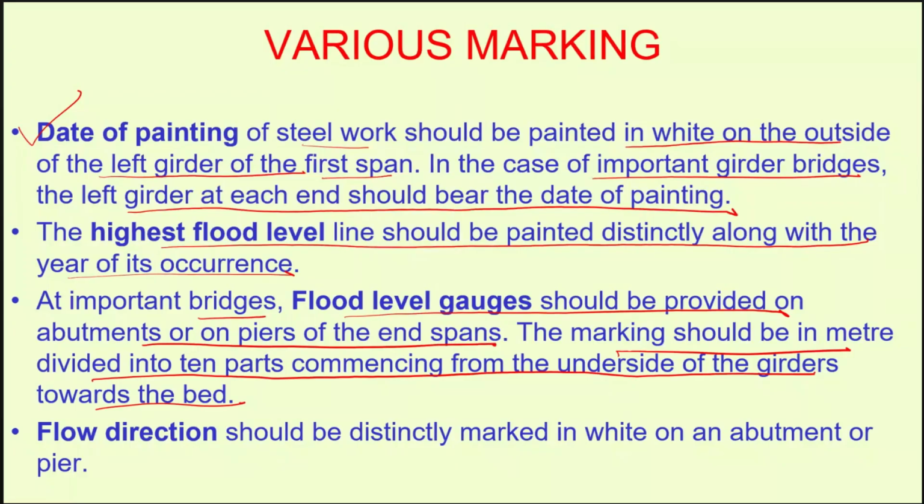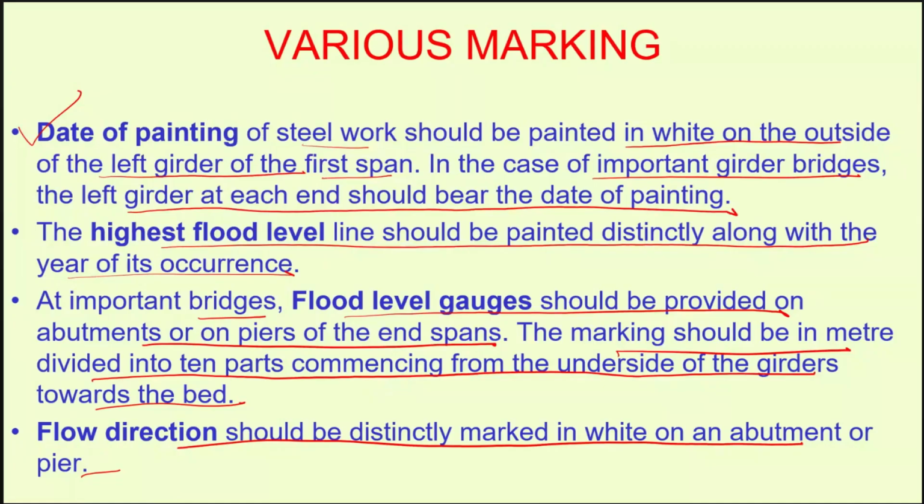Flow direction should be distinctly marked in white on the abutment or the pier so that you know from which direction to which direction water is flowing. Accordingly, on your upstream side, you check whether you have a railway-affecting work or railway-affecting tank, which may release water or cause some trouble to your structure, and if those things are there, you may go and inspect it.